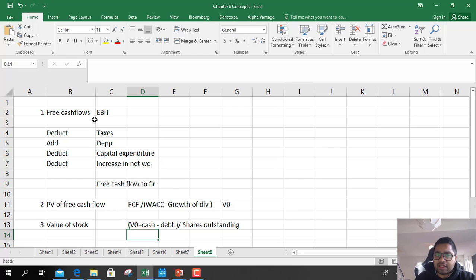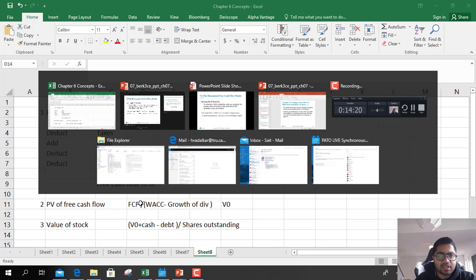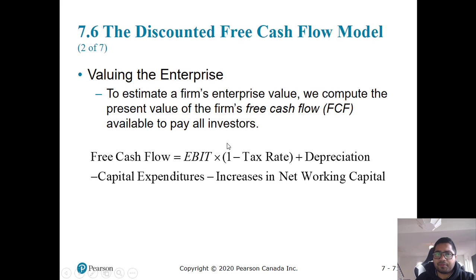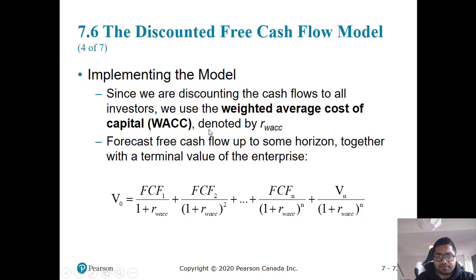How do you do it? Whatever you calculated in step 1 divided by weighted average cost of capital minus growth rate of dividend, and finally that is the value of the firm. You add cash, deduct debt, and divide it by shares outstanding, you get value of stock. So this is the process of valuing a firm based on discounted cash flows.